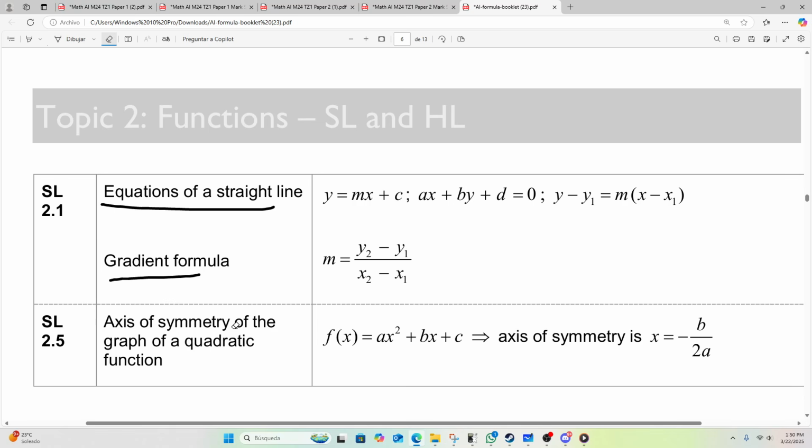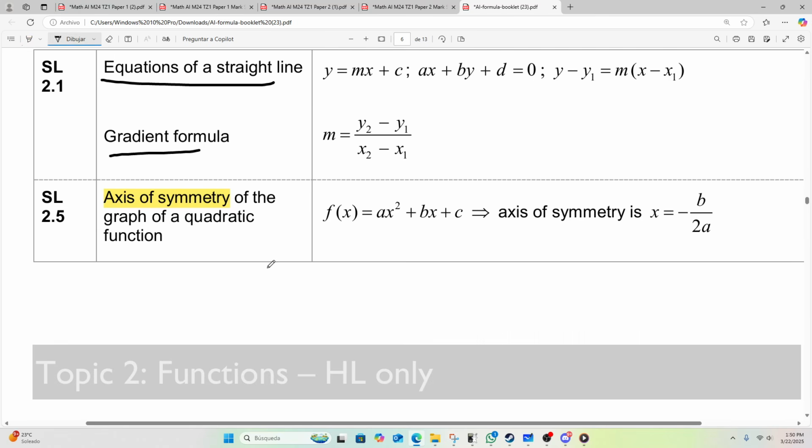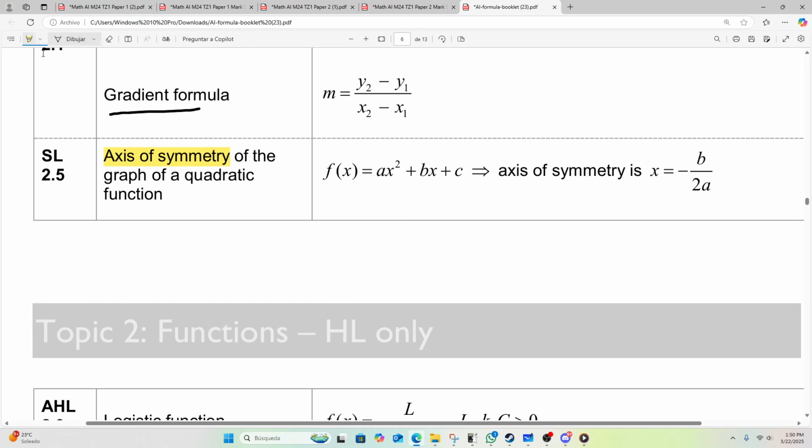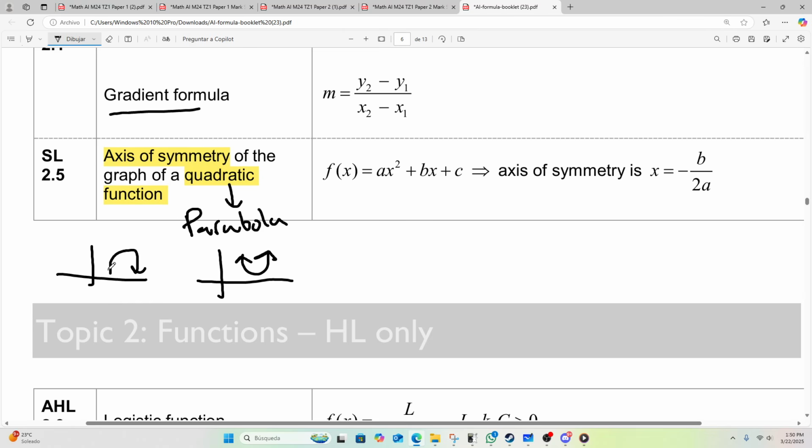So the key concept that can arise here is understanding really well what the axis of symmetry is. So I'm actually going to start with that one. Axis of symmetry of a quadratic function. Establish immediately that a quadratic function you need to know as a parabola. Most of you know it as the parabola. It looks a little bit like this, or also like that.